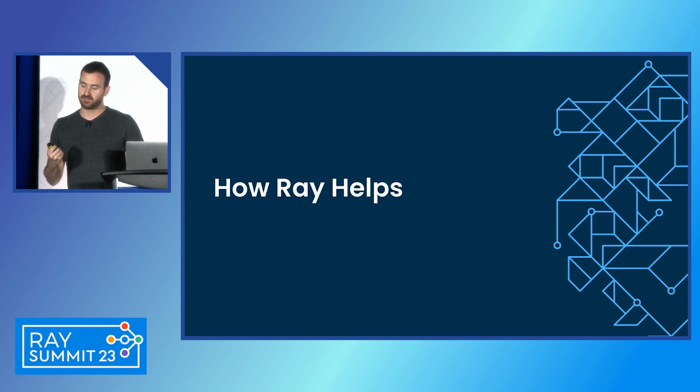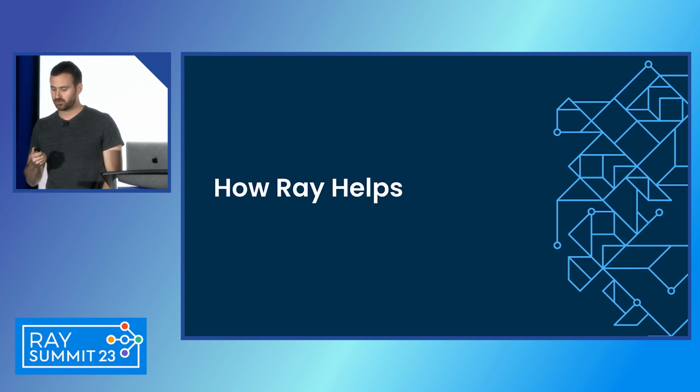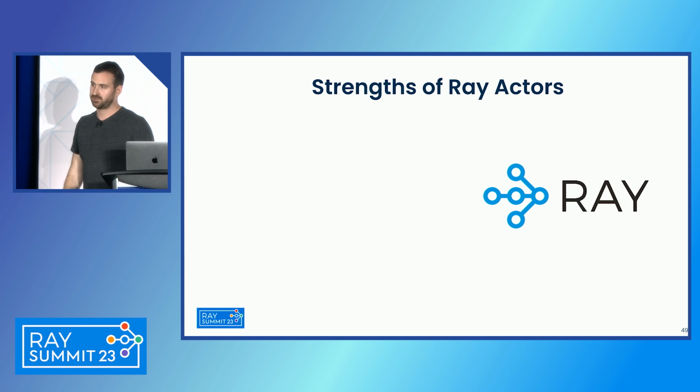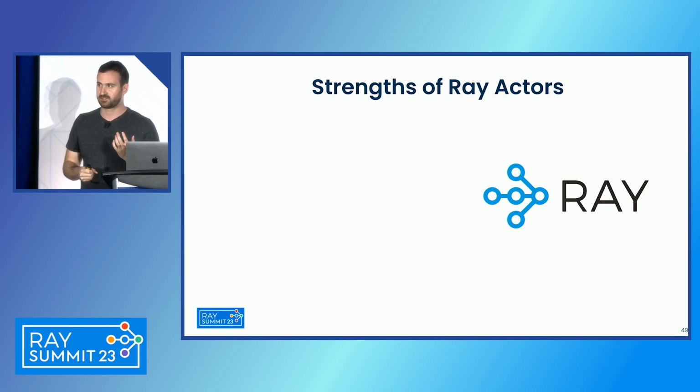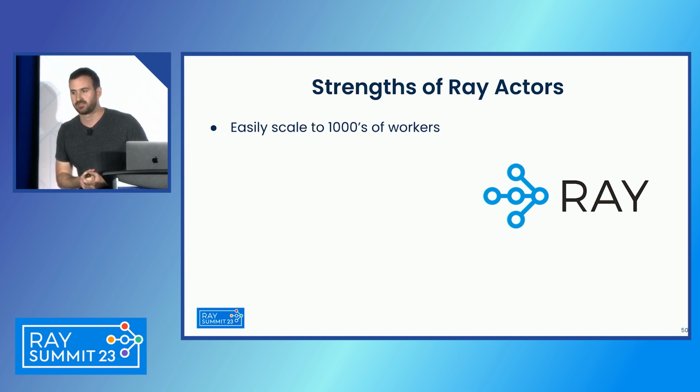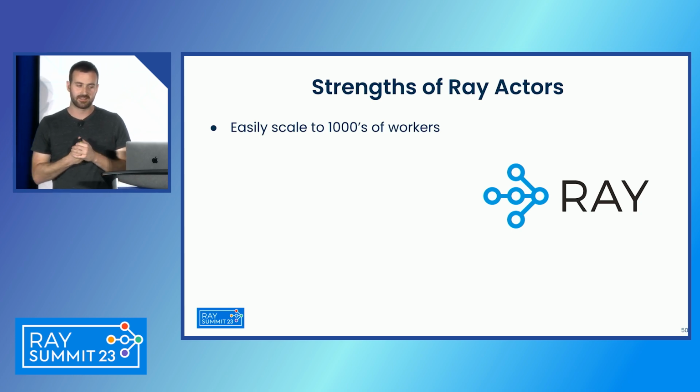So Ray helps in a bunch of ways. In particular, we leverage Ray actors to run this workflow, and that gives us a lot of flexibility and scalability. Some of the big strengths of Ray actors are that they're highly scalable. You can scale them up to thousands or even tens of thousands or potentially hundreds of thousands of workers.